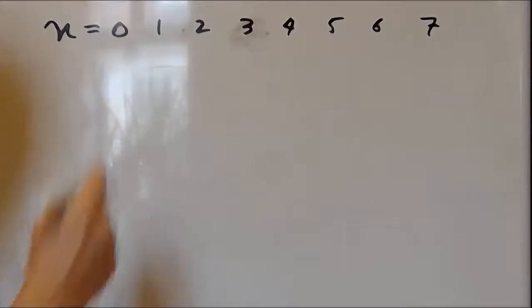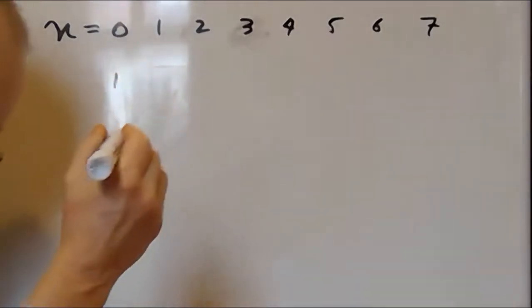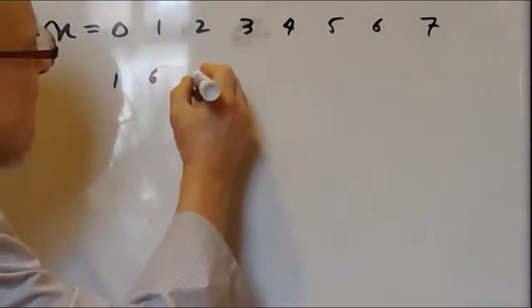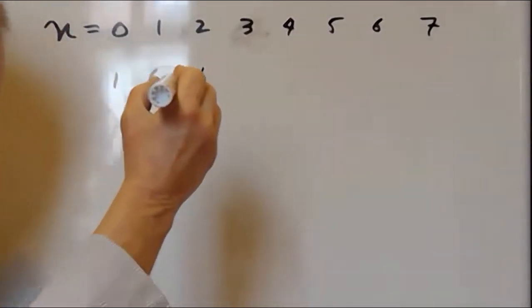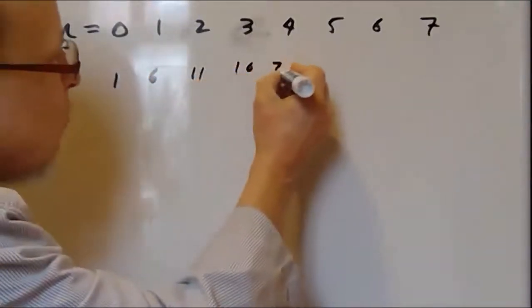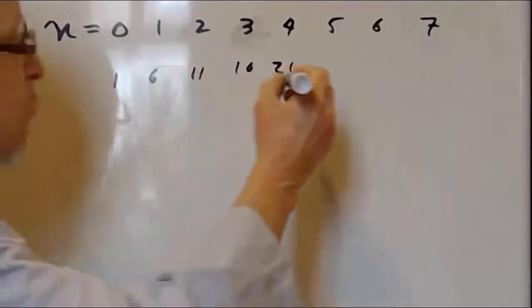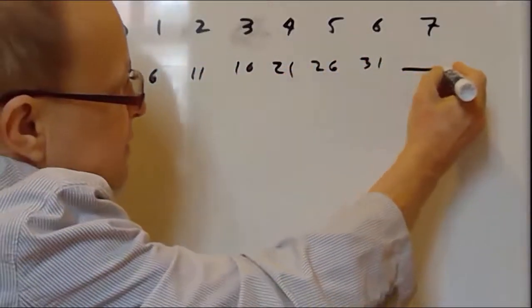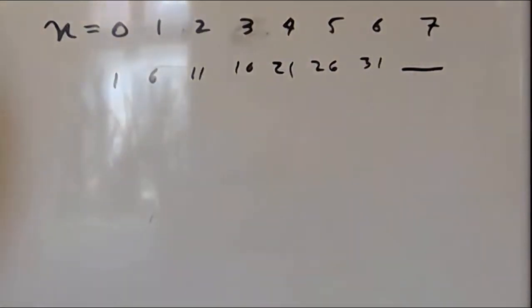And we start off at 0 is equal to 1. Then we have 6, 11, 16, 21, 26, 31, and this is the one we have to figure out.